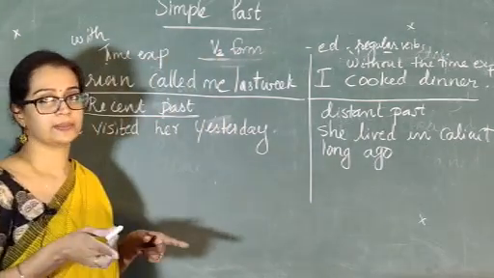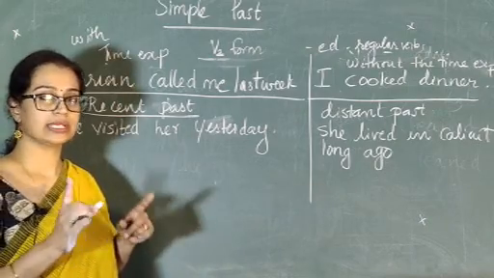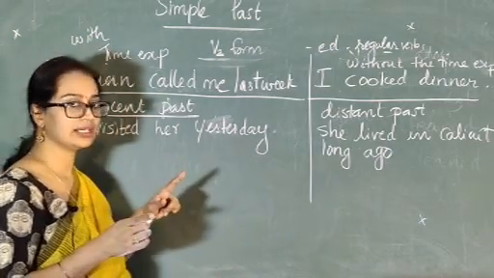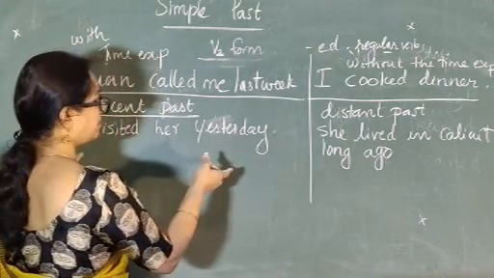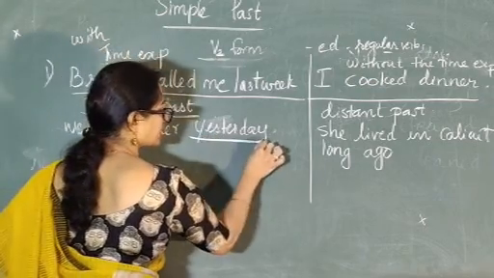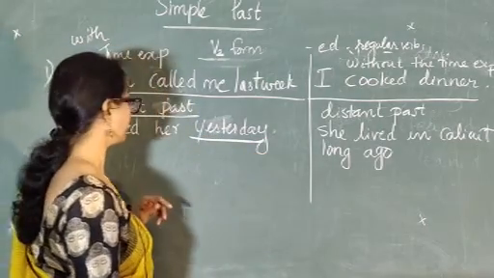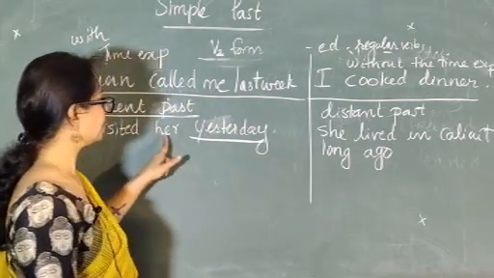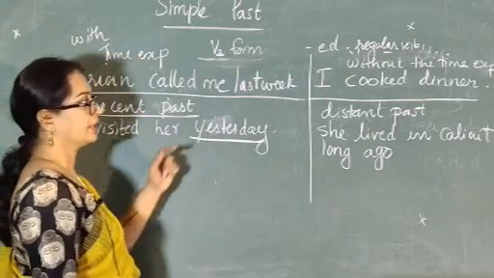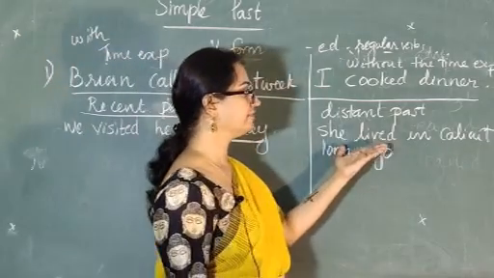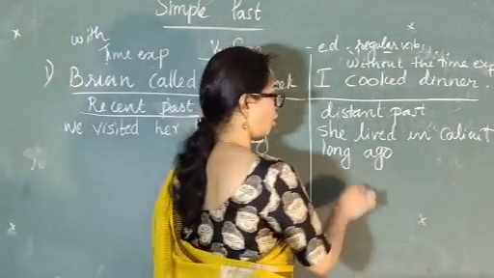Now, so we use simple past tense to indicate a recent past or a distant past. For instance, recent past is indicated by the expression yesterday, that is an adverb of time. Say, we visited her yesterday. Distant past, she lived in Calicut long ago.